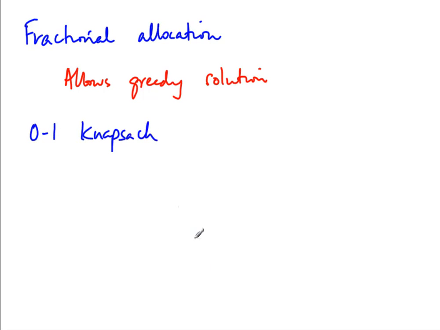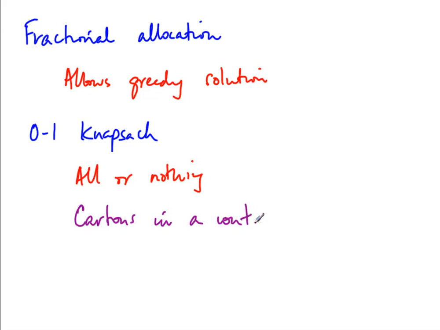Okay, so you have to take all or nothing of a particular object. An example of this would be the problem we looked at right at the beginning, which was to put cartons in a container. Now you can't put half a carton in a container, so you either have to choose a carton or you don't choose a carton, and you want to maximize the choice of cartons as a 0-1 knapsack.